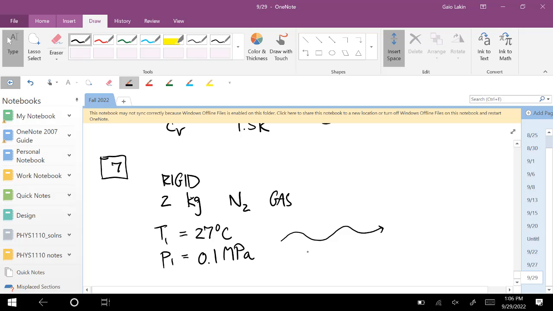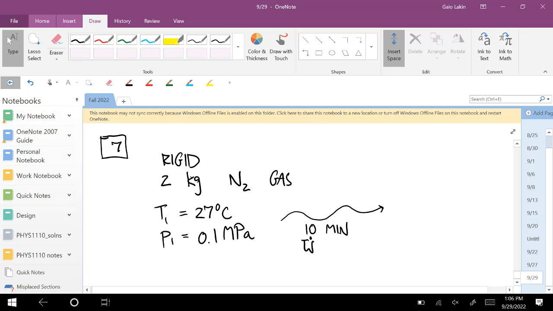And over this process of 10 minutes, we're given that the rate of work is 0.12 times 10 to the third watts of work added to the gas. With our sign convention, if work is added to the gas, that's a negative.